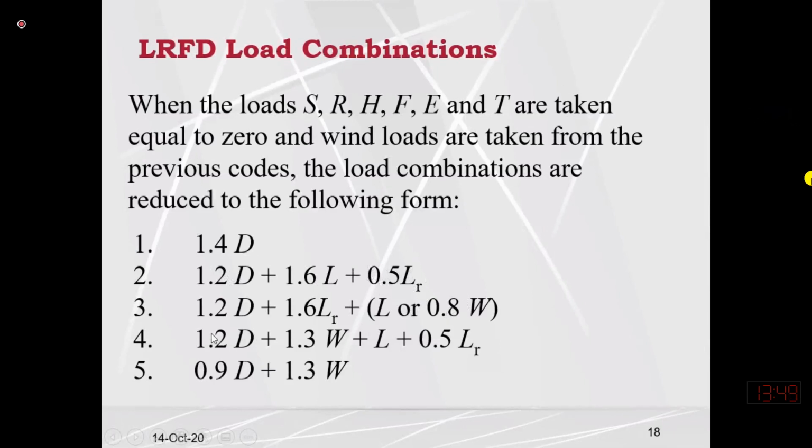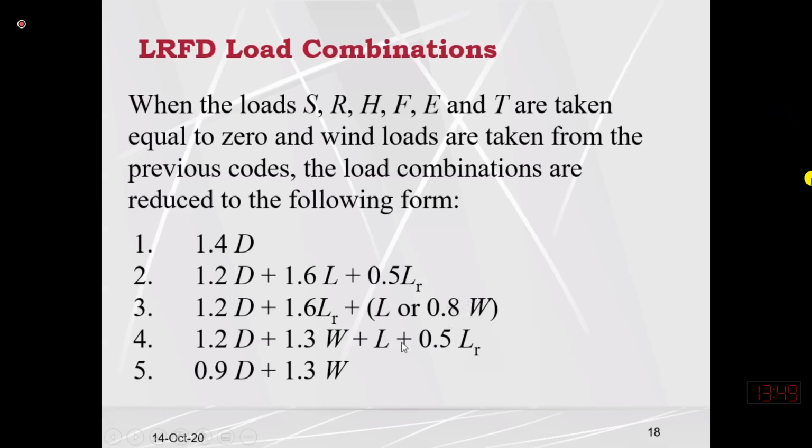And then if we are having wind, we can either use the combination 1.2D plus 1.6 of the roof live load, or if we don't want to use the roof live load, then it will be simply live load or 0.8 times the wind load.